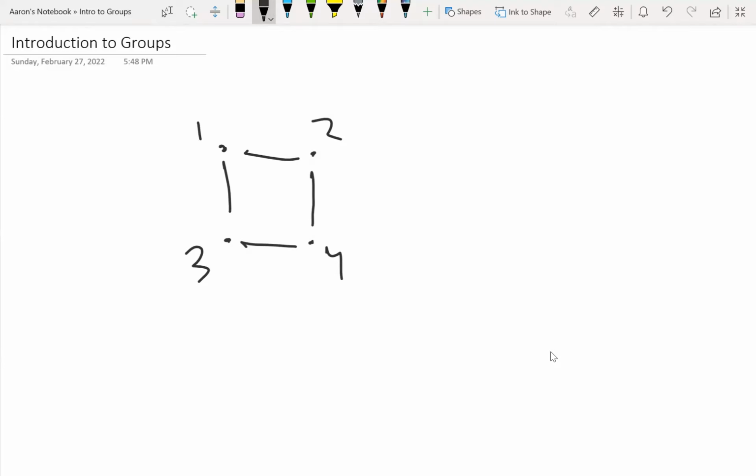So we're going to have this list of vertices, 1, 2, 3, 4, and we're going to permute them in such a way that if we relabel this vertex something, and this vertex something, et cetera, there's still an edge between 1 and 2, and between 2 and 4, and between 3 and 4, and between 1 and 3.